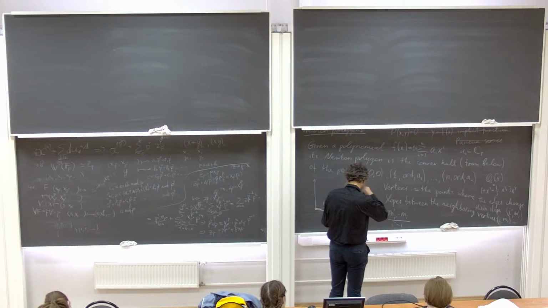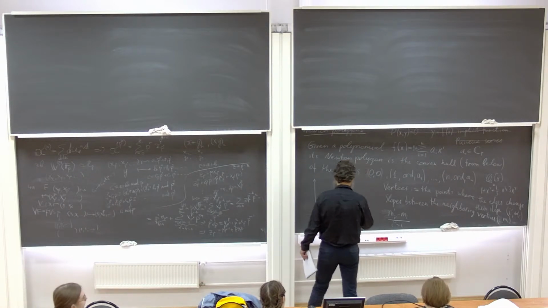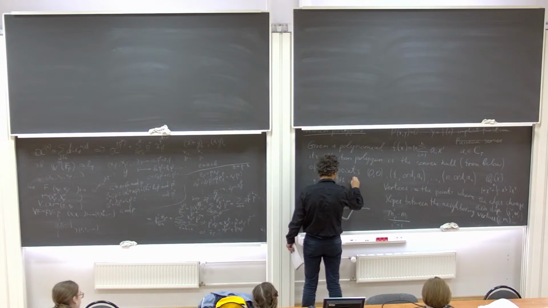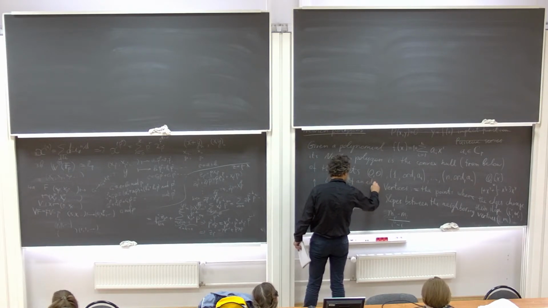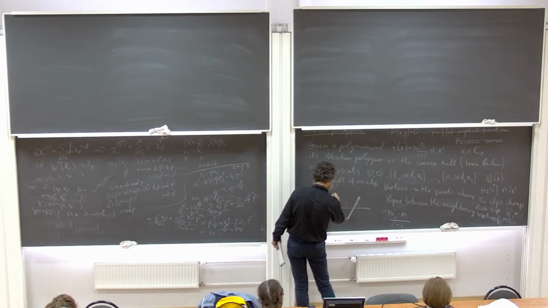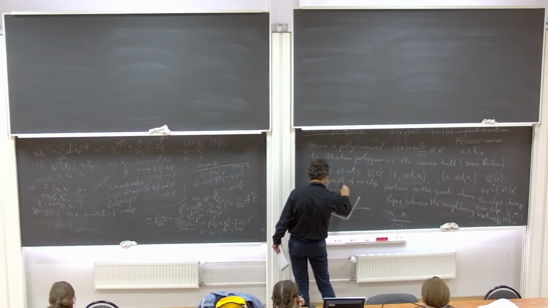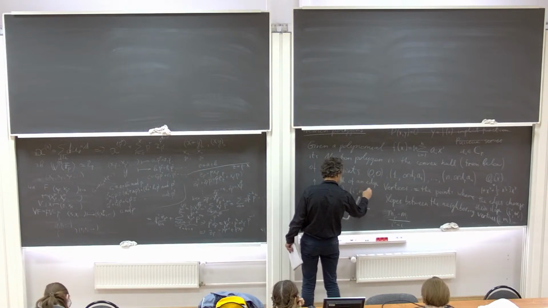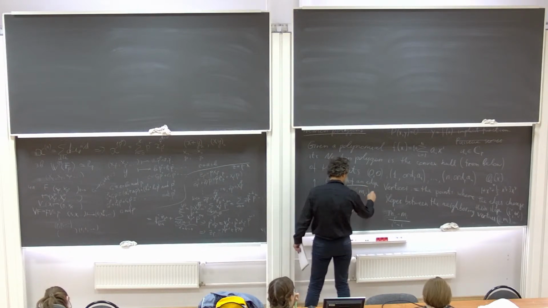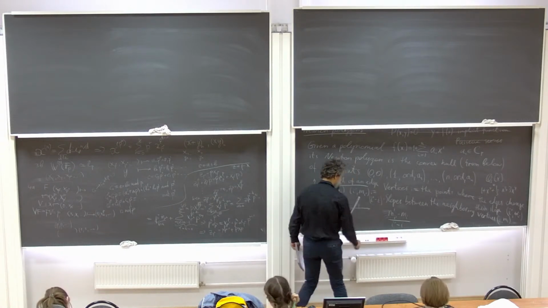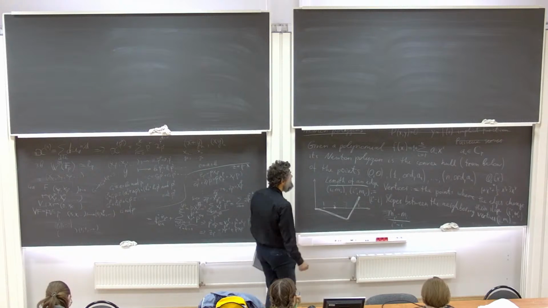Okay, and finally, the length of an edge from (i, m_i) to (i', m_i') is defined as i' minus i, or maybe the absolute value of this.